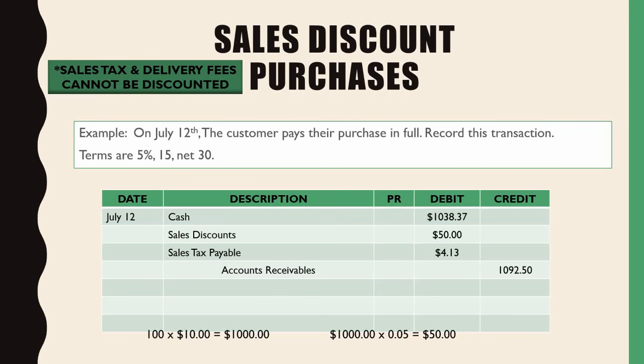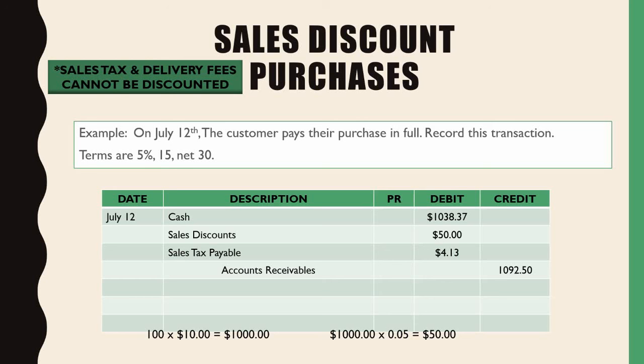So the rule of thumb here is you're going to start with your accounts receivable, because the original amount that they owed you was $1092.50. That's your starting point. At least you know they owe you $1092.50. If we go back to that transaction, we have 3 accounts that were affected: the actual sales, the sales tax, and the delivery charges.